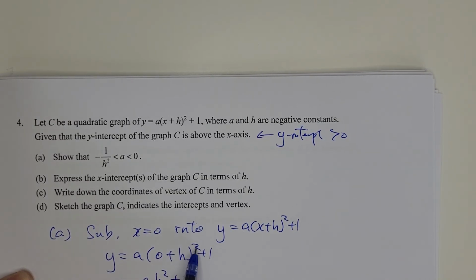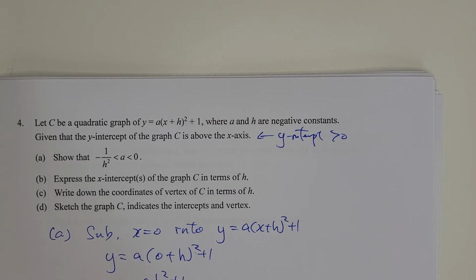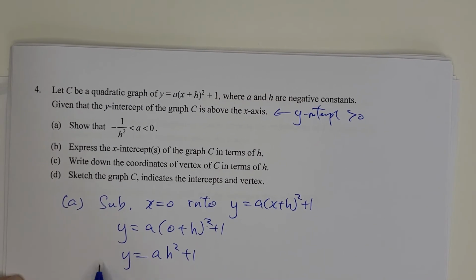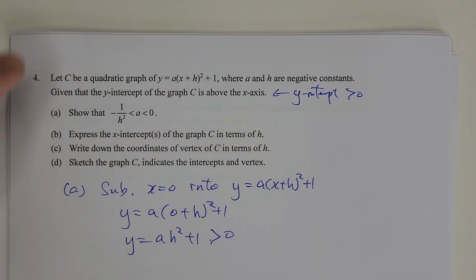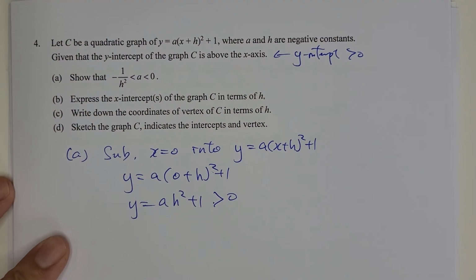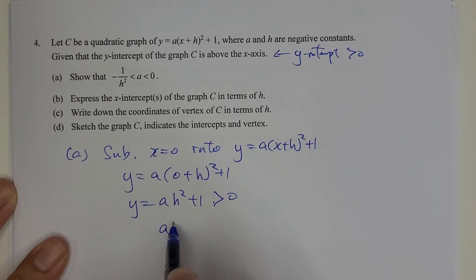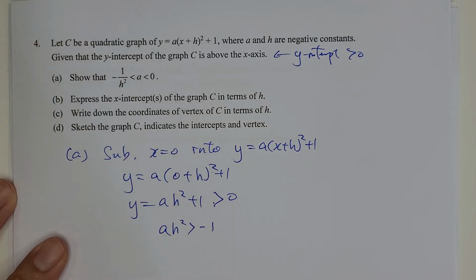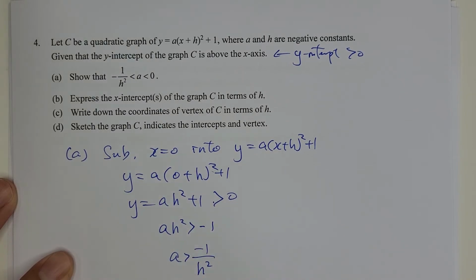And remember, this square just applies to h only. As you know, this is the y coordinate, right? So this y coordinate must be positive. And hence you can do the transposing now. Make a the subject. a h squared greater than negative 1. And then a greater than negative 1 over h squared.